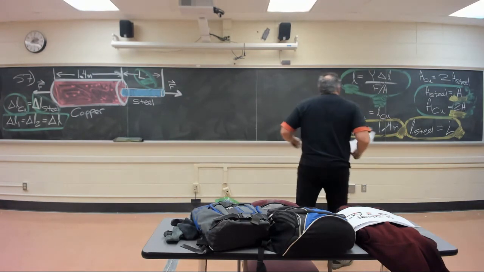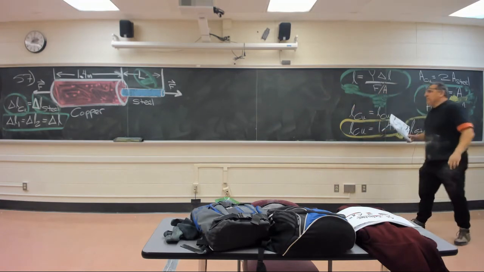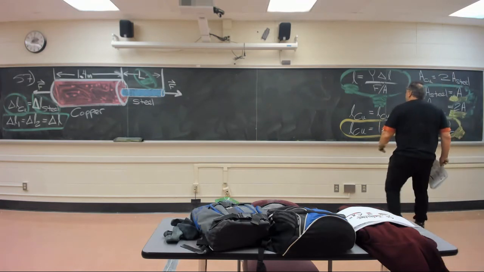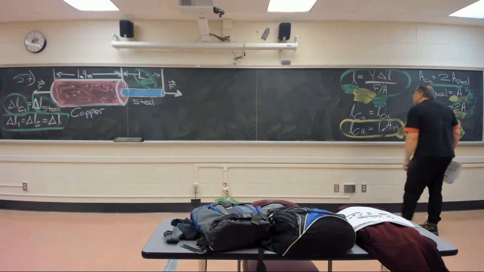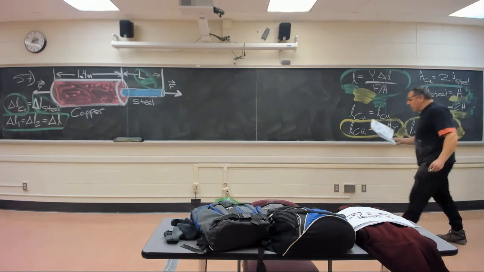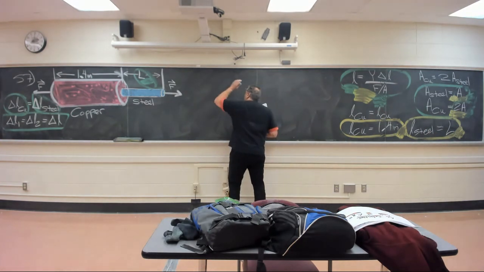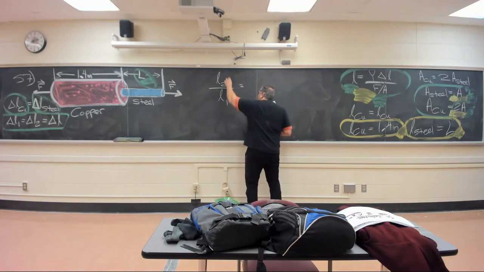I'll tell you what I'm going to do. Based on everything we have said, we looked at the mathematics, and you saw me jump around and write a lot of stuff pertaining to it. The original length of steel is L2. The original length of copper is L1. L2 over L1.